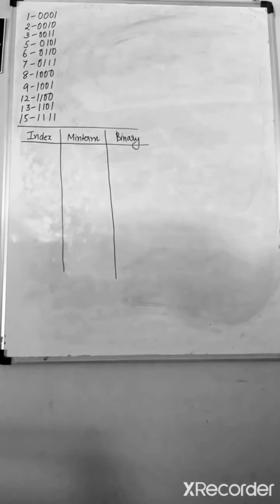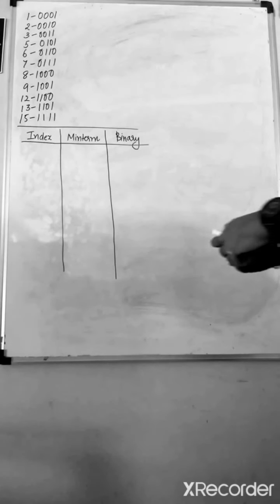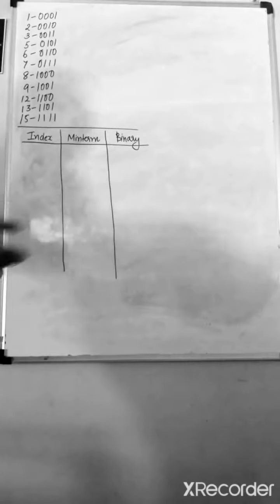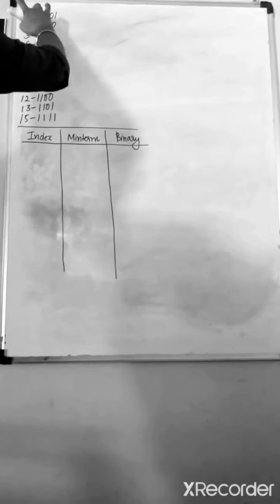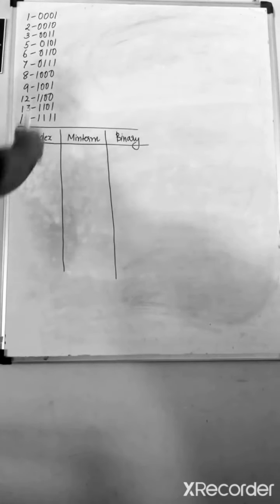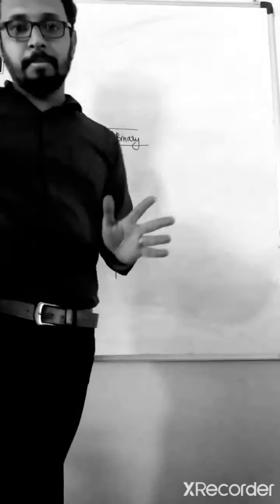This is how we start doing these problems. The question was given to you, and we were given a set of min terms. The min terms and their corresponding binary numbers are written. That's the first step.